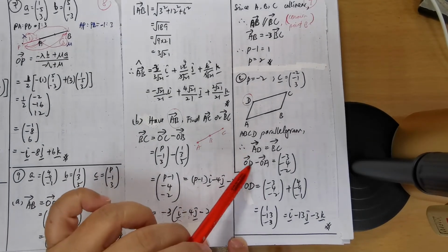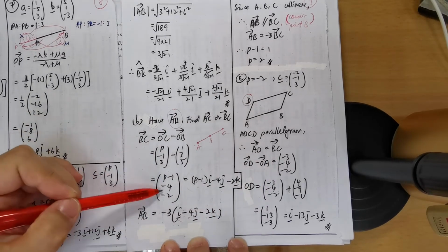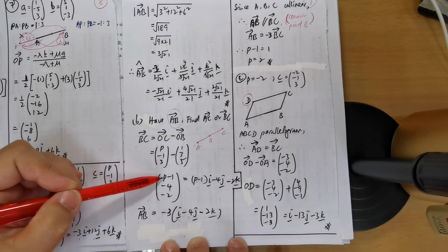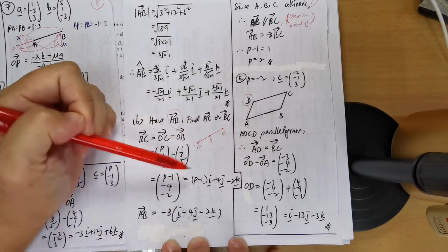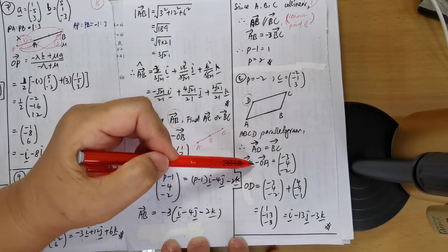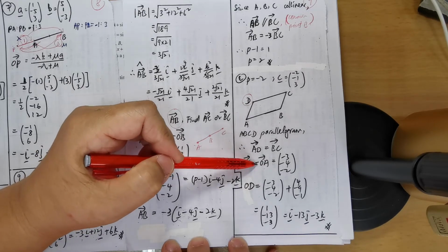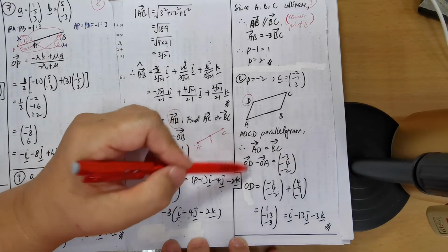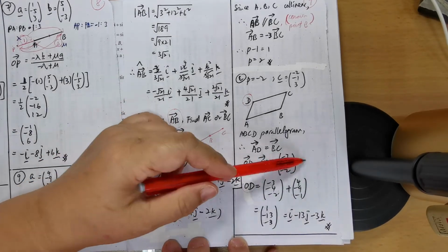So AD is OD minus OA, and BC is this one. Just now the question said P equals negative 2, so negative 2 minus 1 is negative 3. Negative 3, negative 4, negative 2. So I get my BC, and on the left-hand side AD is OD minus OA. We want to find OD, so we shift OA to this side, plus OA.